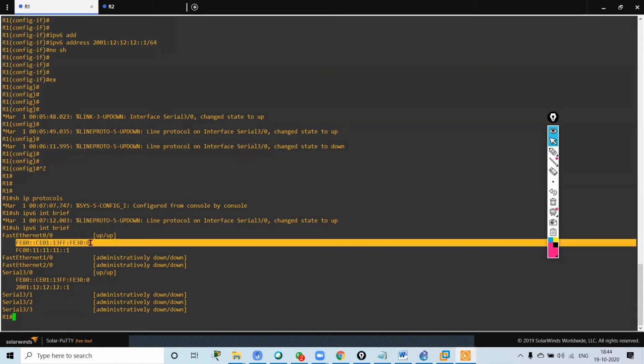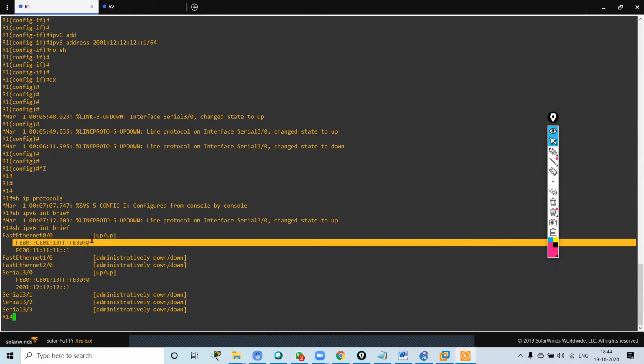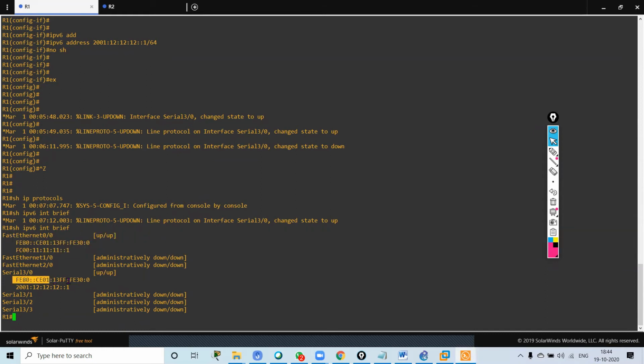This is my link local address. It automatically came. This is your EUI-64 format. You will get a link local address which will be starting with FE80 if you enable any interface with IP version 6. See, I enabled both the interfaces and configured these IP addresses, but I also got this link local address over here.